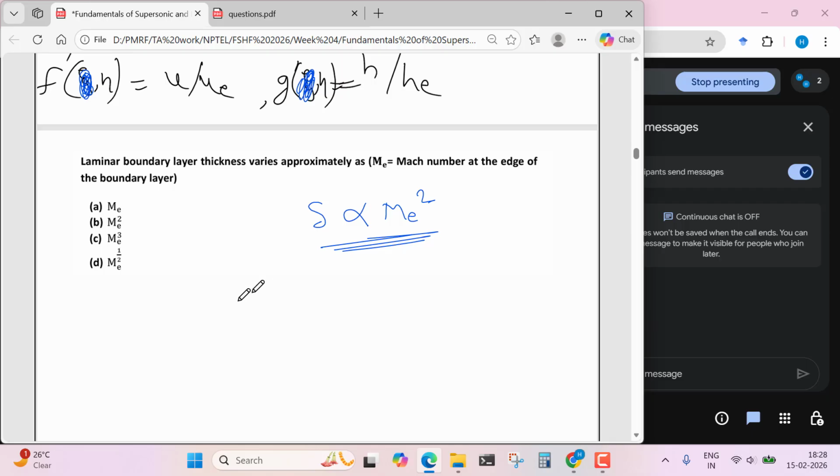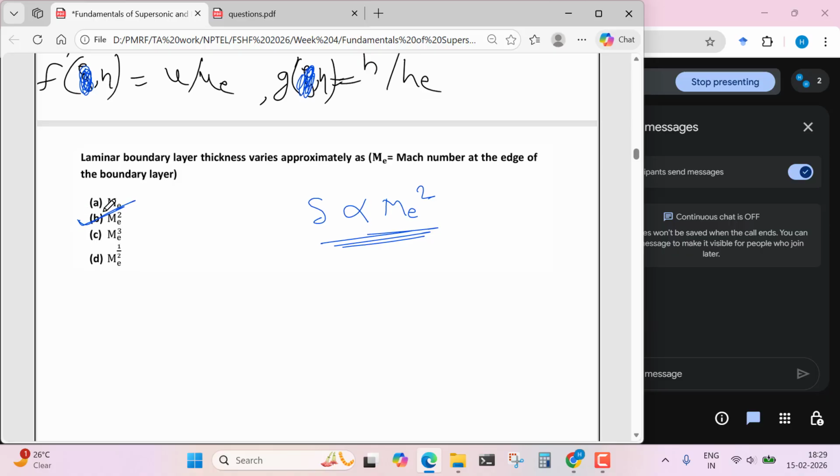You can think like that if M_e is high, then temperature inside the boundary layer will be high. So if temperature inside the boundary layer is high, it means that density is low. So to accommodate the flow with a similar mass flow rate, the boundary layer thickness should be high. So that's why boundary layer thickness increases as M_e increases. So option B is the correct one.